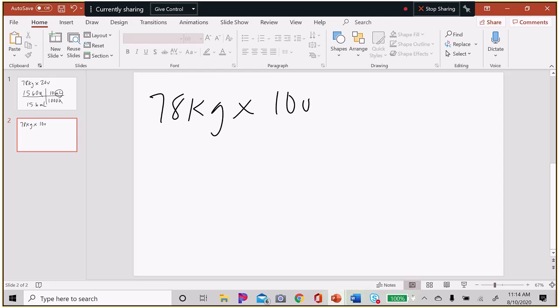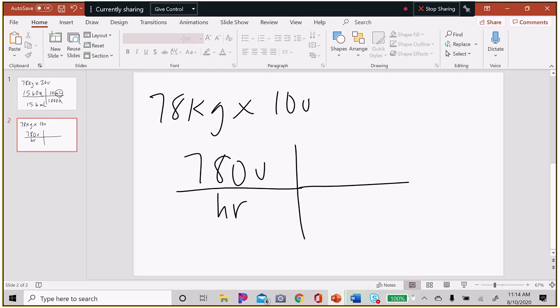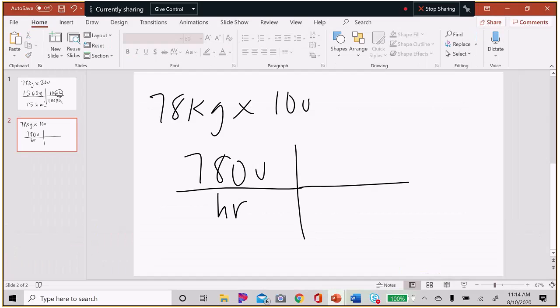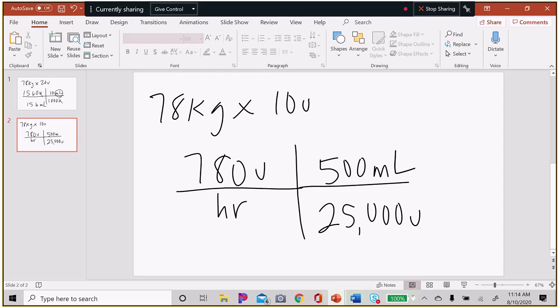So we're going to have to give them 78 times 10 is 780 units per hour. So that means we're drawing this from the infusion, this heparin bag. So we're 25,000 units in 500 milliliters.